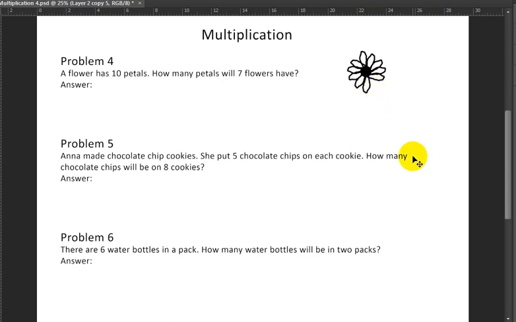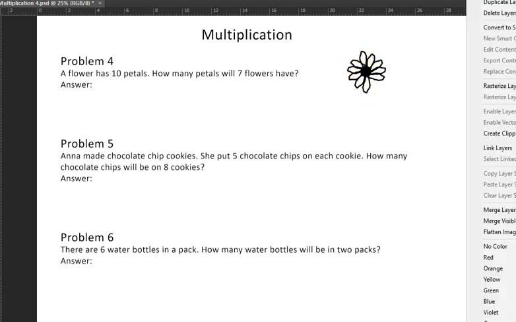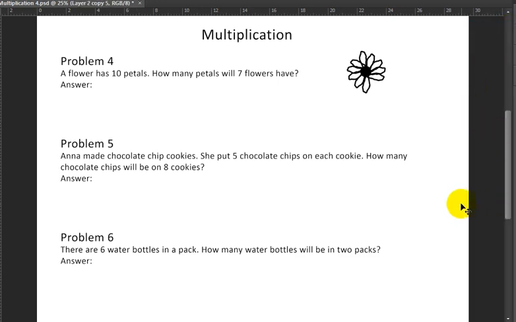Now we have a flower with 10 petals right there. Right? If you count them, that's 1, 2, 3, 4, 5, 6, 7, 8, 9, 10. Right? You could color it too if you wanted to.